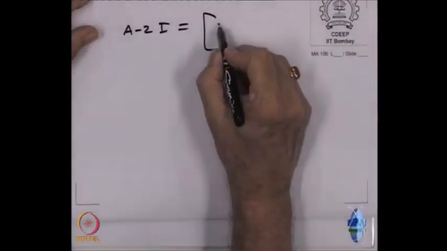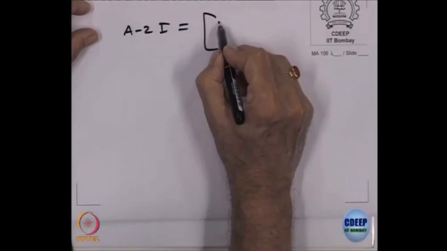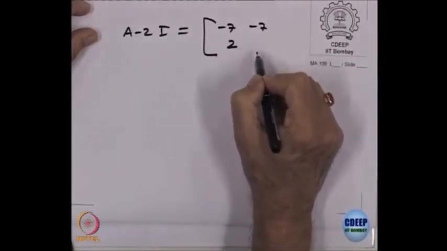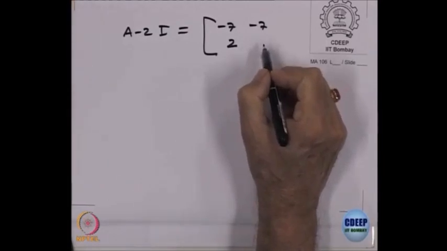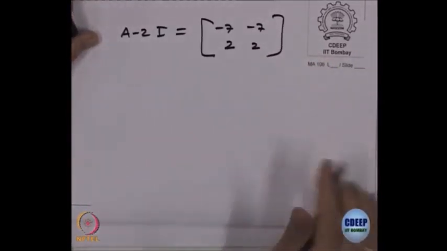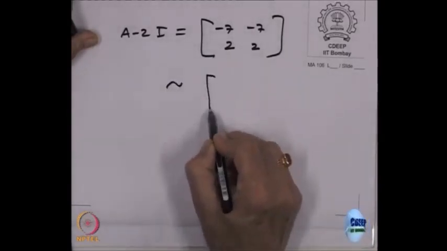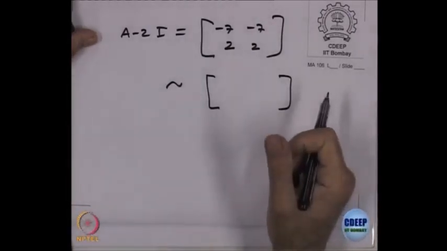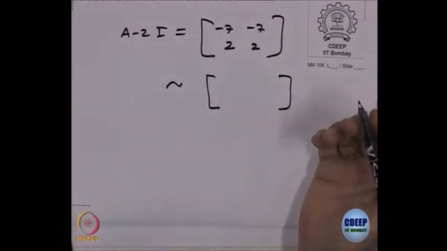That is equal to minus 7, 2 and 2. Is that okay? That is A minus 2I. So, what is this equivalent to? How do we find the solution space?